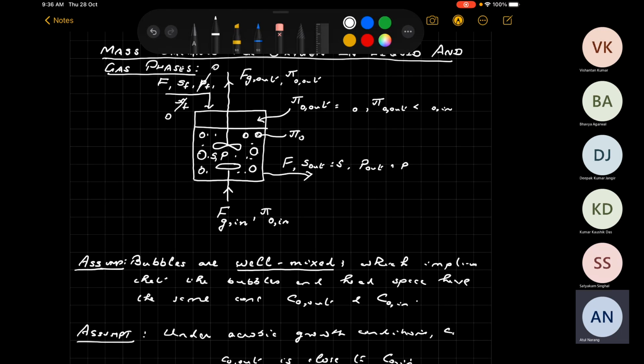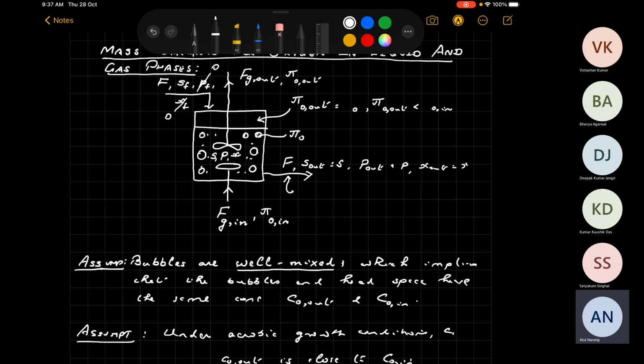And within the reactor, we assume that we have concentrations S and P and X, which have no subscripts at all. So when I have no subscripts, I'm referring to the concentration inside the bioreactor. And I will choose a similar notation for the concentrations on the gas side. But before I do that, I would just want to point out that if we assume that the liquid is well mixed, then the concentrations coming out, so the concentrations over here in the effluent, are given the subscript out.